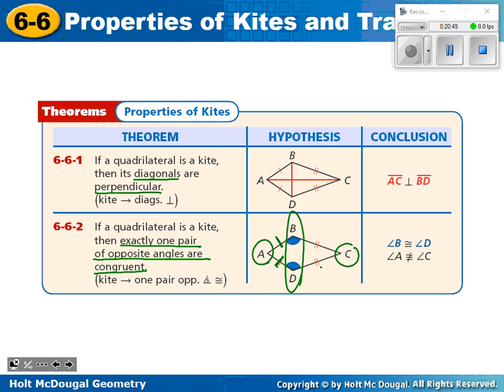And then you need to somehow list that it is the angles in between the non-congruent sides. Or draw yourself a picture maybe, so you can go back and understand this. It's these angles. Okay? The ones that are in between the non-congruent sides. One pair of opposite angles congruent.